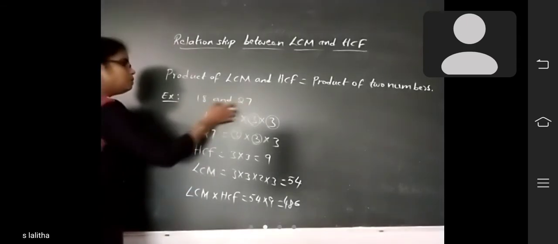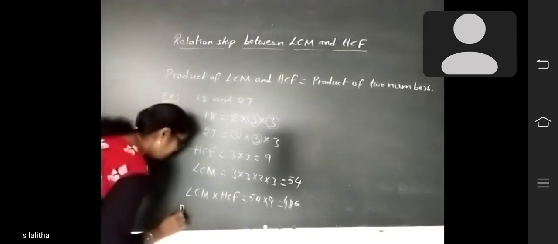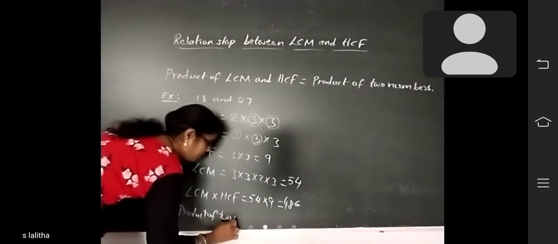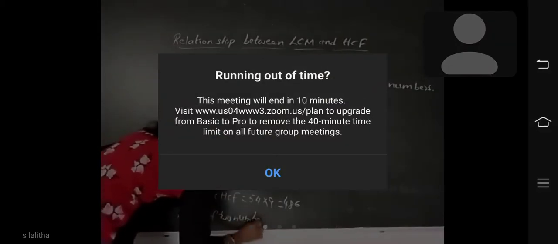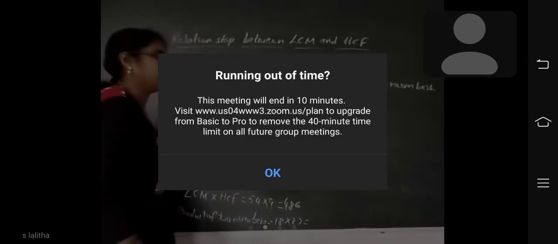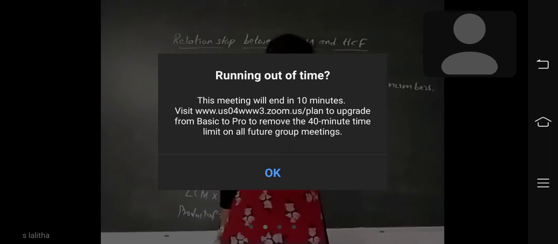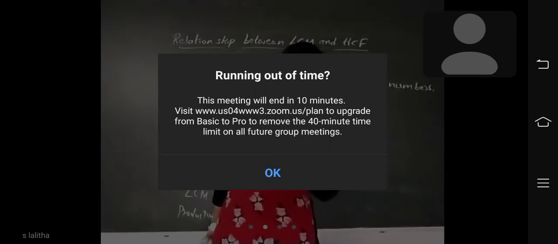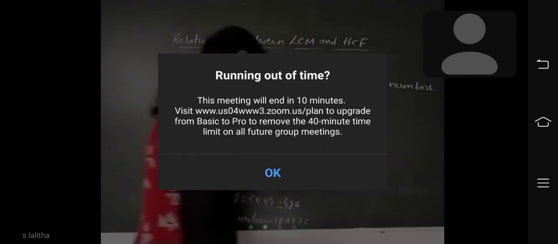Okay. Now product of two numbers. That means you should multiply these two numbers. Product of two numbers is equal to 18 into 27. Do 18 into 27. 7 8 56. 7 1 7 plus 5 12. 2 8 16. 2 1 2 plus 1 3. 486.